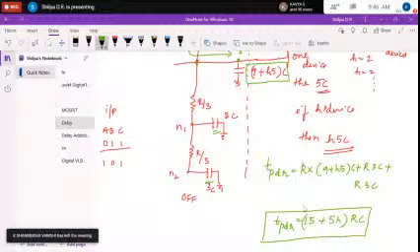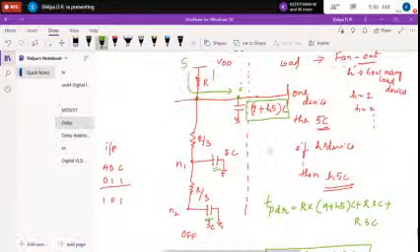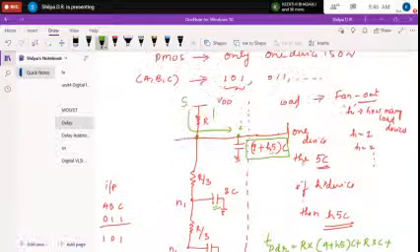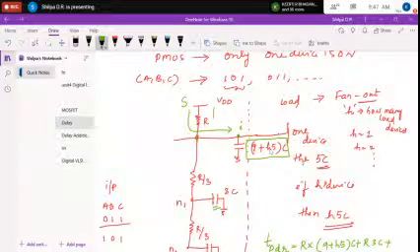Isn't it R plus R by 3 into 3C? Why R by 3? Because now look at this. What is the path? VDD to Y, right? Yes, ma'am. So where does R by 3 come in? In the path you assume you have to take all the resistors, right? But according to Elmore's delay, you have to consider the resistors along the path.